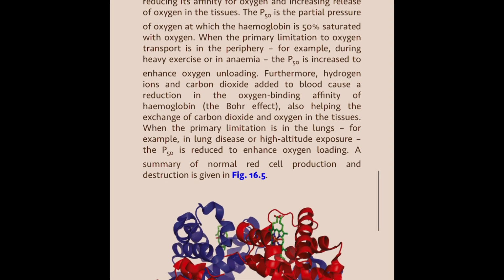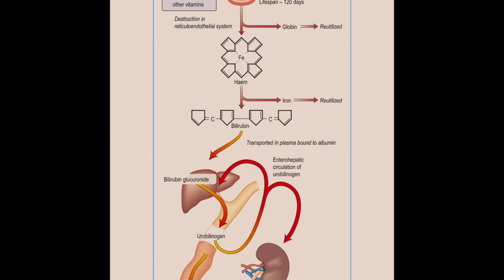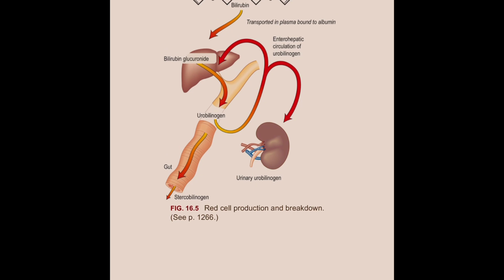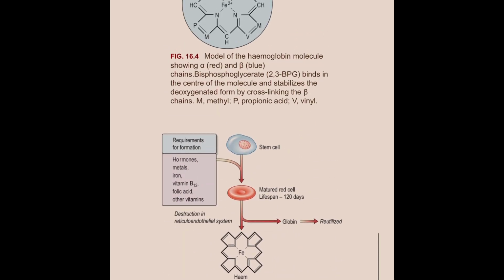A summary of normal red cell production and destruction is given in figure 16.5. So, red cell production and breakdown. Formation requires stem cells, hormones, metals, iron, vitamin B12, folic acid, and other vitamins.